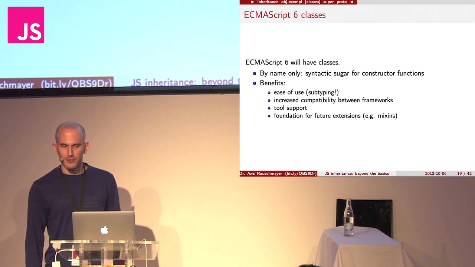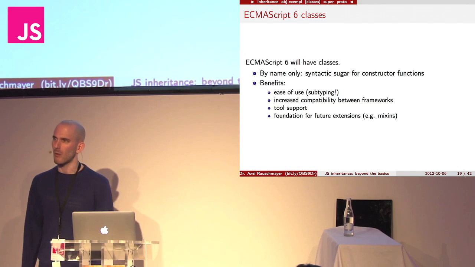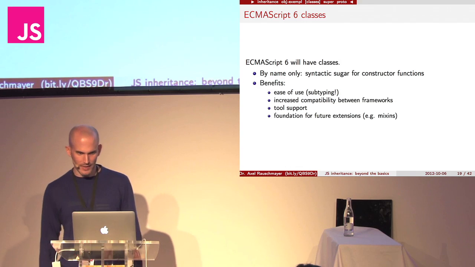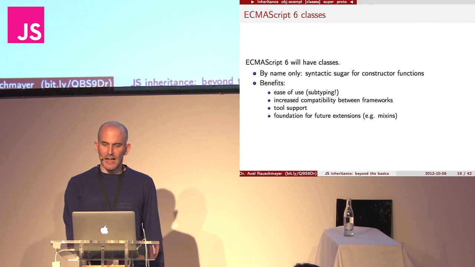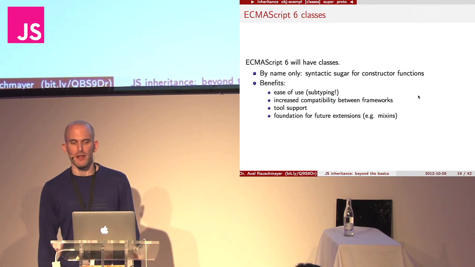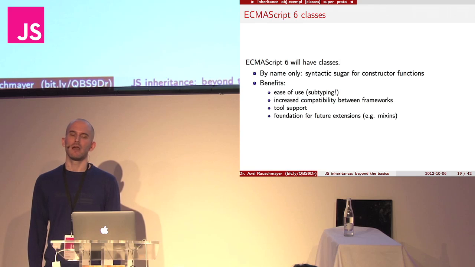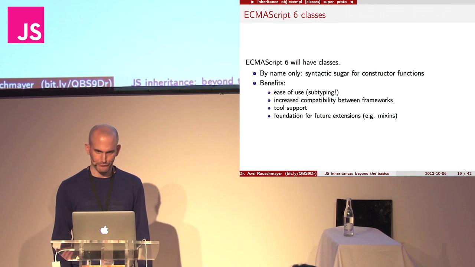And thanks to the increased compatibility, tool support will be easier. Currently, you have to do a lot of tricks to get that, and classes will be the foundation for future extensions, and mix-ins are one example.